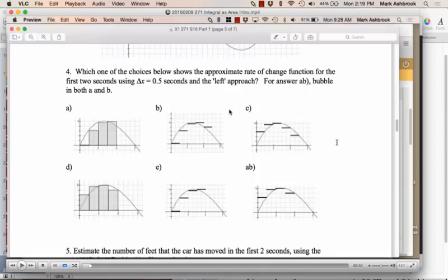So the question is asking for an approximate rate of change function. So does A show, is it depicting an approximate rate of change function? No, it's showing the area. Yeah, so this is depicting a bunch of areas of rectangles. You could say that the tops of those rectangles are the approximate rate function, but that's not what this graph is.